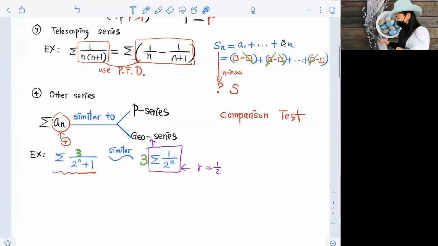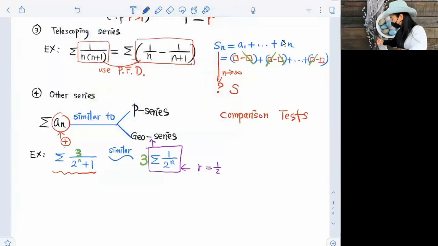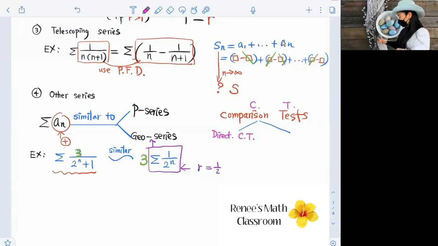There are two comparison tests, right? Can you tell me what are the two comparison tests? What's the first one? Direct comparison test. Let's call this CT. Direct comparison test. And what's the other one?